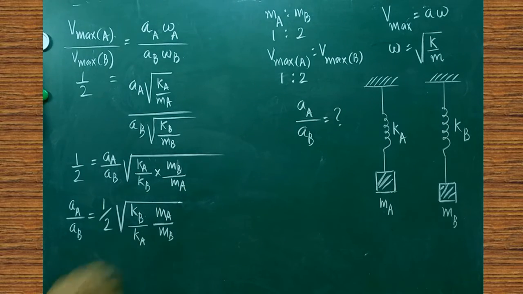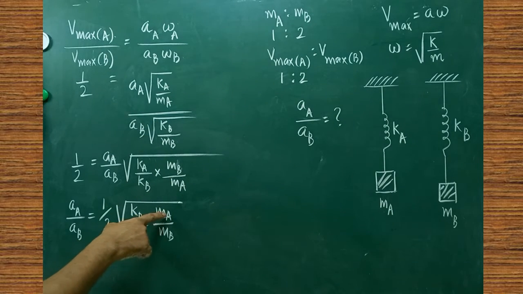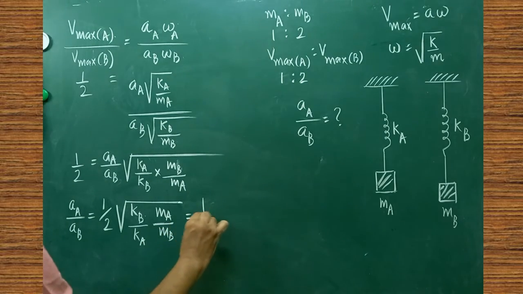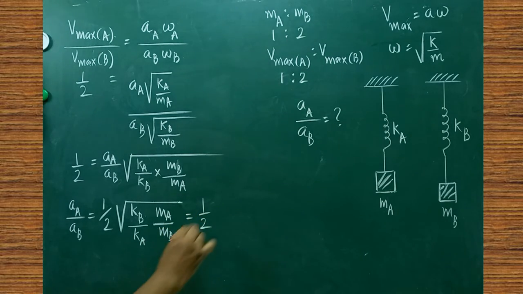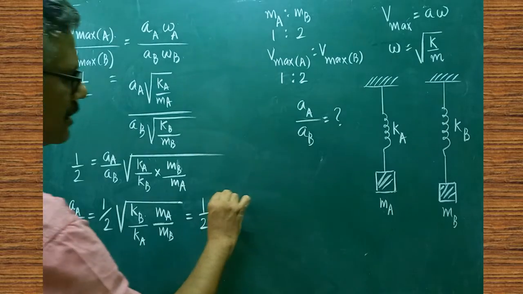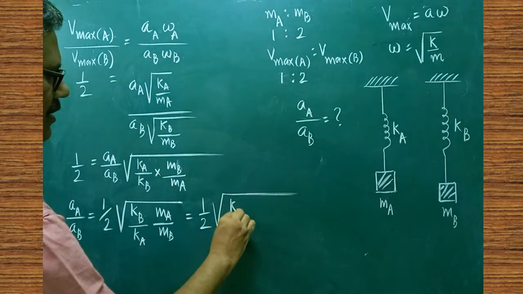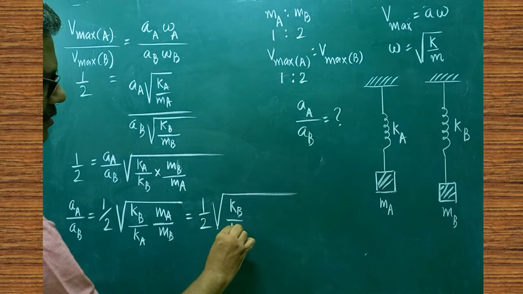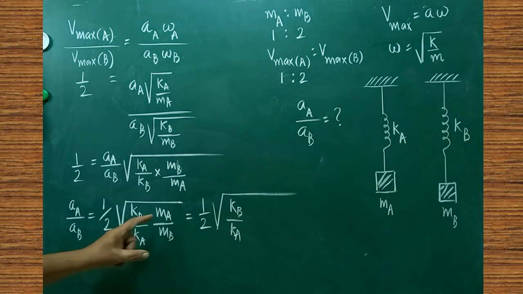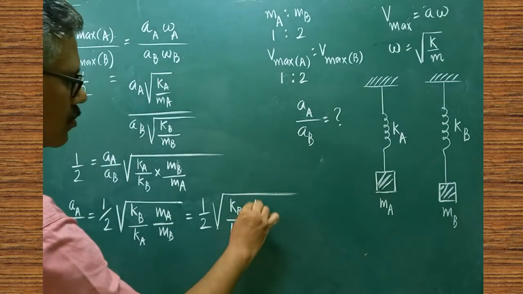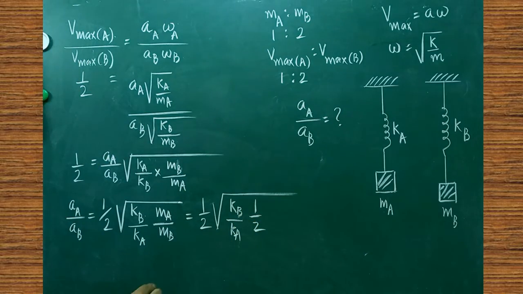Now we know the ratio of masses, Ma to Mb, which is 1/2. So the next step, how should it be written? Half square root of Kb divided by Ka, written as it is. You do not change it. The Ma by Mb value is 1:2, so 1/2 can be written. Are you clear?